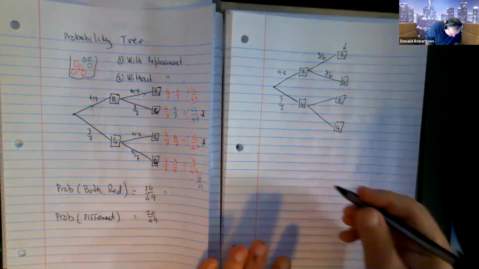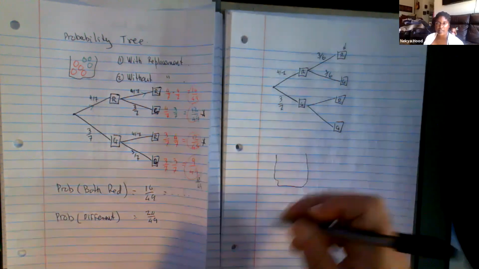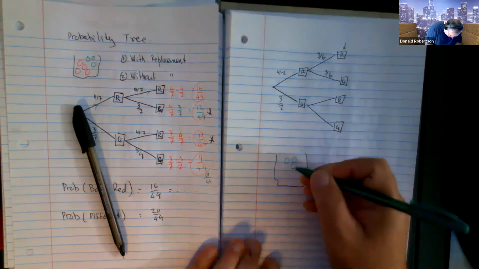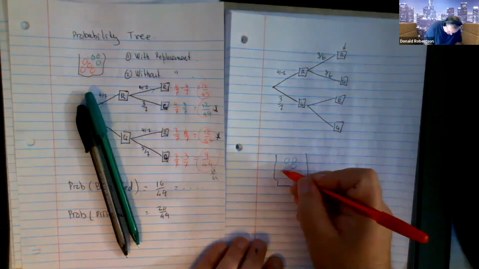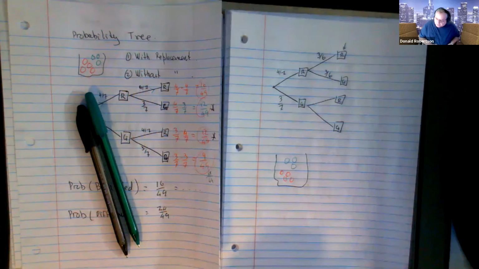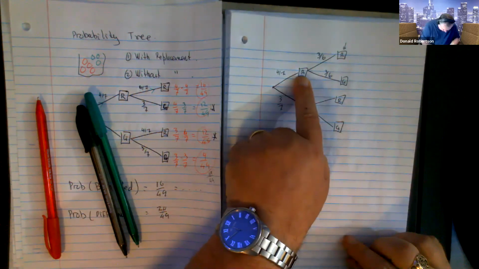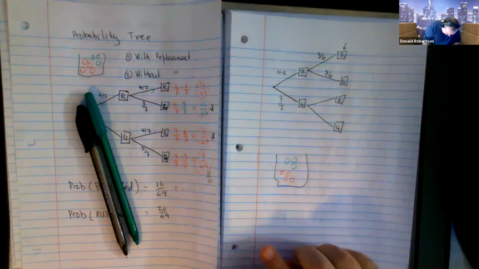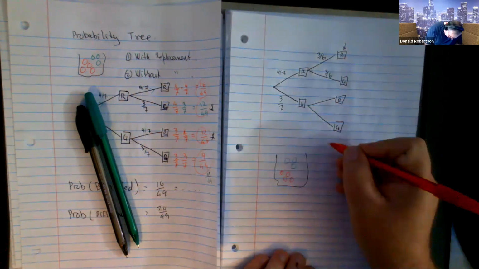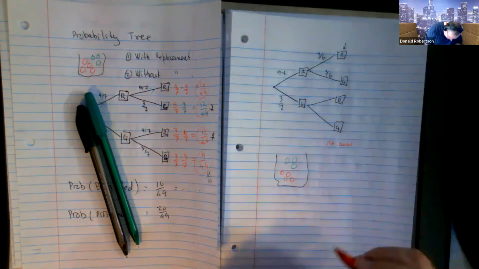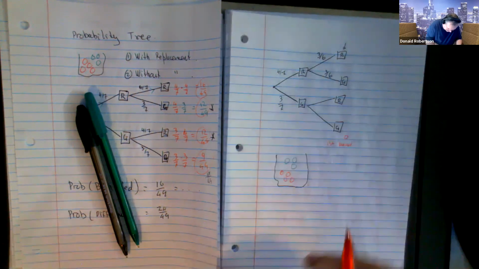Okay, let's do it visually. Imagine that you're taking 2 beads out of this bag, and you're not going to replace them. And this one means that you've taken a red one out, the first bead. So there it is.